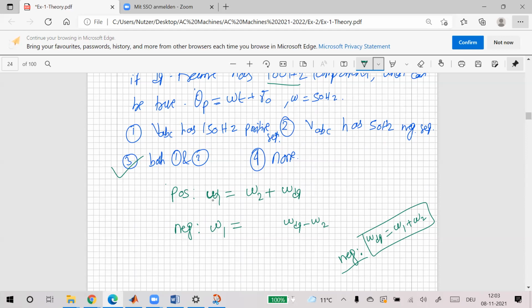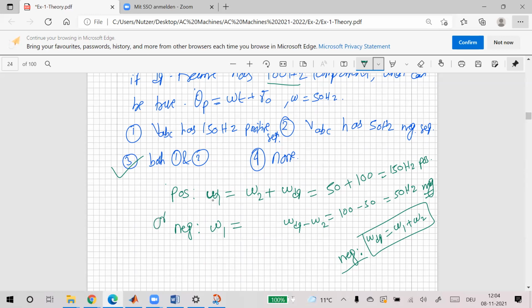I try to write this equation for absolute value. For example, your omega DQ is 100 hertz, and omega 2 is 50 hertz. So this can be 50 plus 100, which is 150 hertz positive. And here we have 100 minus 50, so it is 50 hertz negative. We consider only one of these.